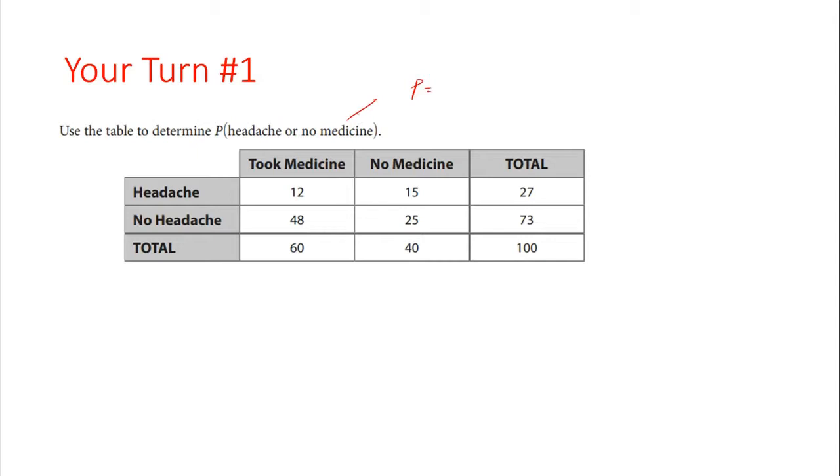This is going to equal the probability of headache, plus the probability of no meds, minus the probability of a headache and no meds.